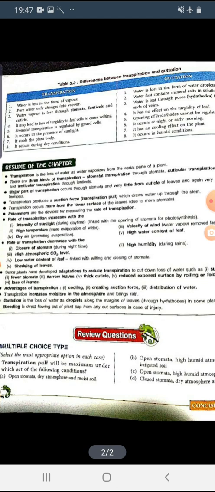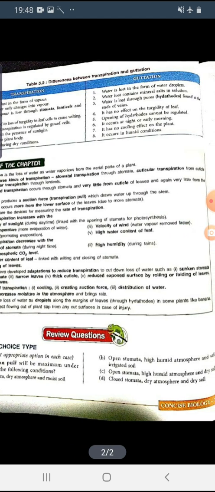In transpiration, it may lead to the loss of turgidity in leaf cells, which causes wilting of the leaf. But in guttation there is no effect on the turgidity of the leaf.